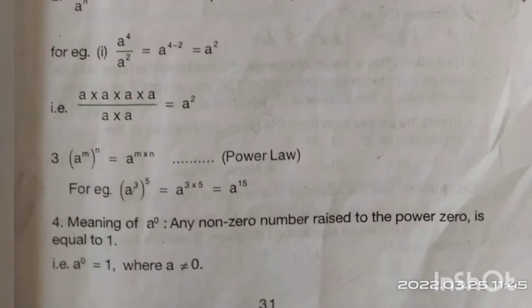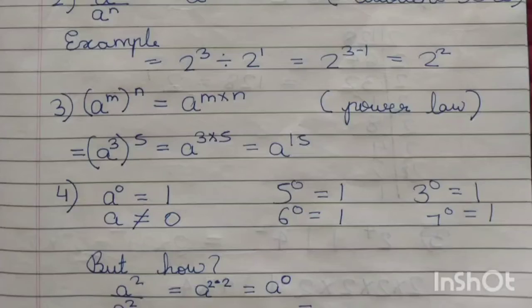The exponent m applies only to the base a, and n is the exponent of the whole a to the power m. In such cases, where there are two exponents separated by a bracket, you have to multiply those exponents. It is a to the power m into n. So you have to just learn these laws.